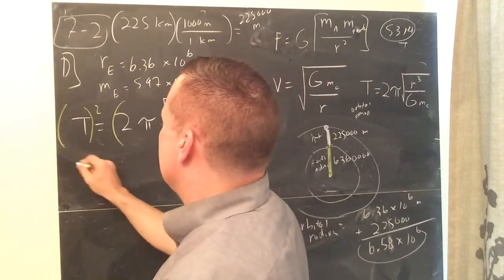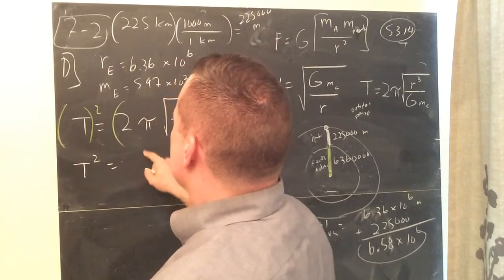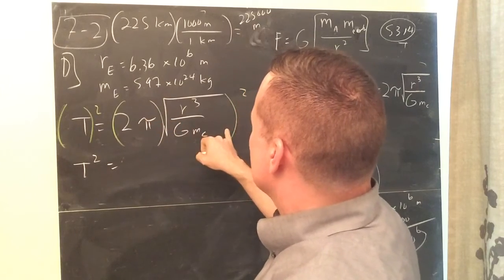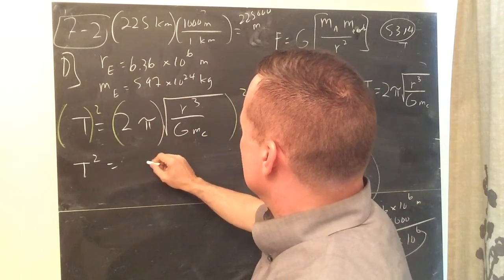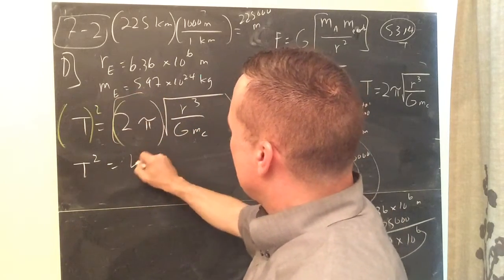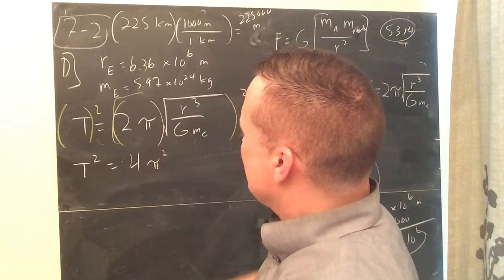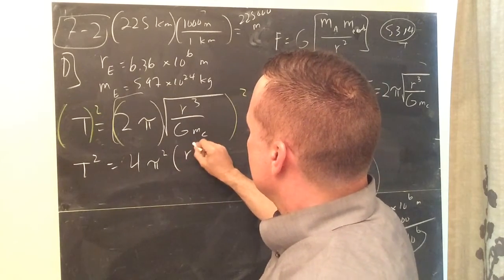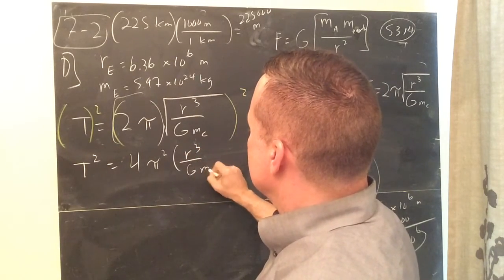And look what's going to happen if you do that. This becomes t squared, and that becomes, all right, think about this for a minute. That's like squaring that and squaring that, right? 2 pi squared would be 4 pi squared times just r cubed over GMC.